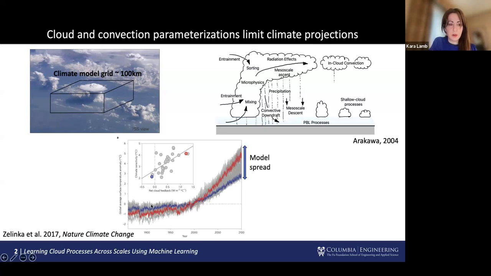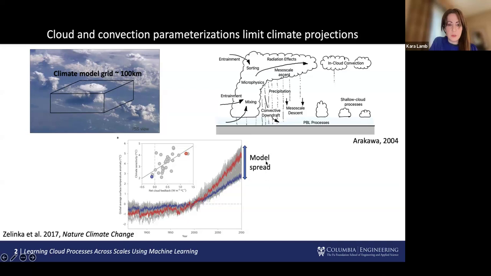So this figure comes from Zelinka et al. 2017 from this Nature Climate Change paper, and it's basically showing the global average surface temperature anomaly from the year 1850 projected up until the year 2100 across the ensemble of models in CMIP5. And so we see this fairly significant model spread, something like the order of about 2 to 5.5 degrees Celsius across the ensemble of models.